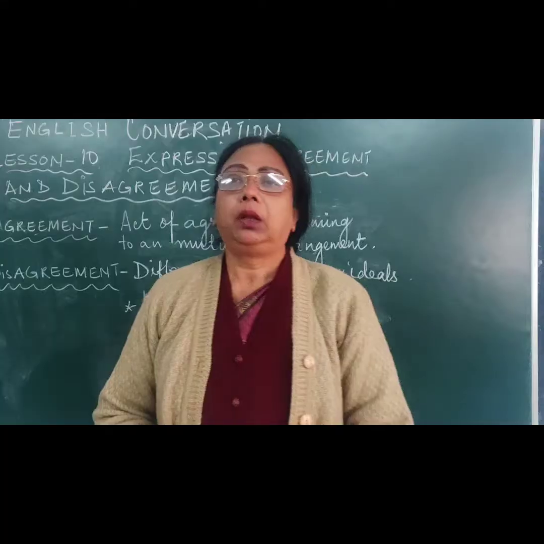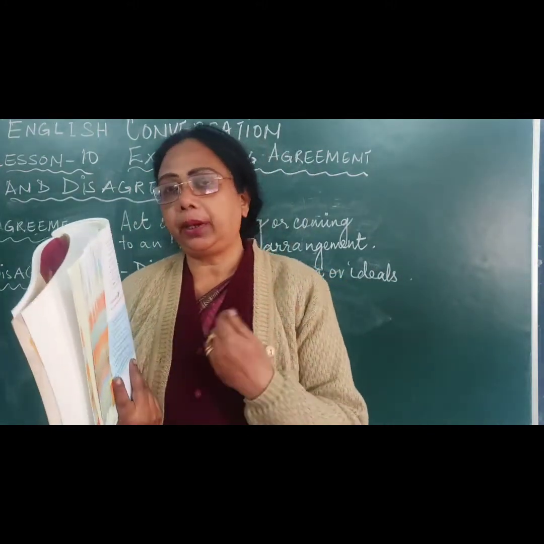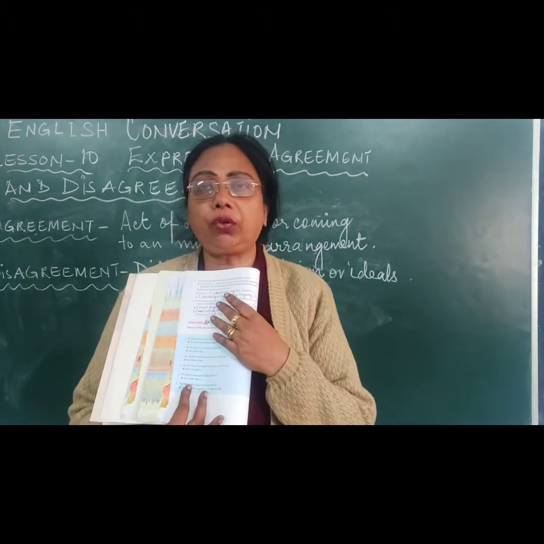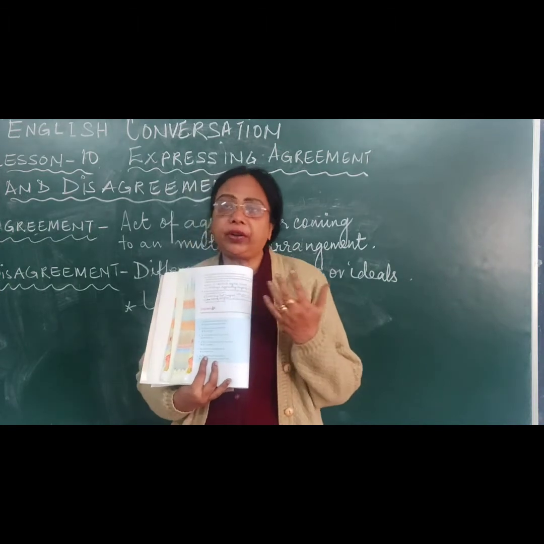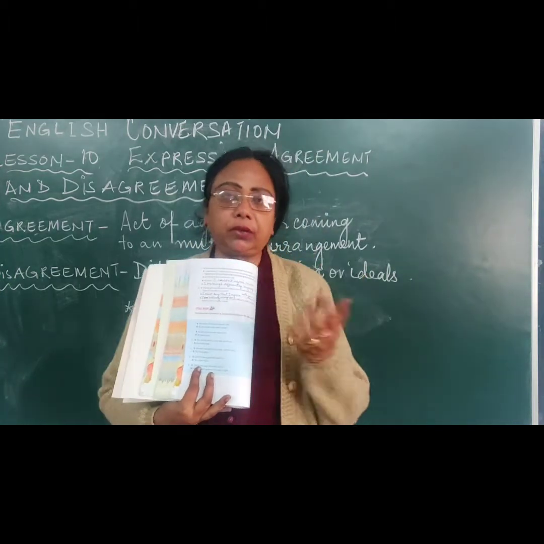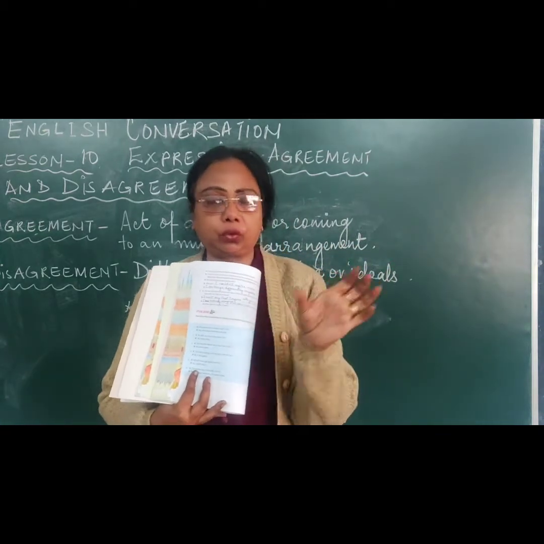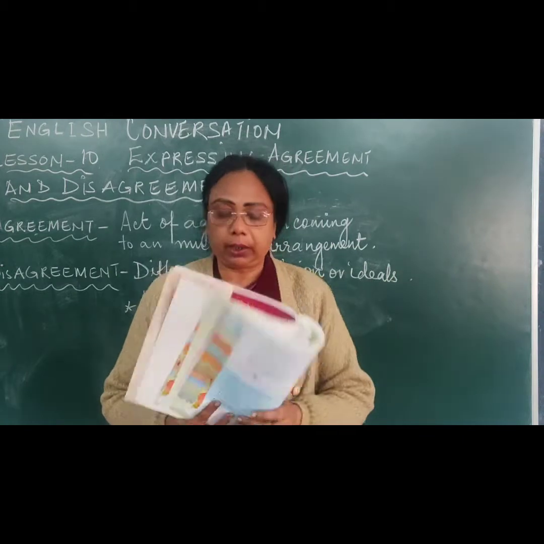Right, children? So if we talk about agreement and disagreement and the exercises which are given to you, if you try to solve them, it is going to be helpful to you, because short phrases are given to you. You just have to read and find out which phrase is going to fit into it. Right.